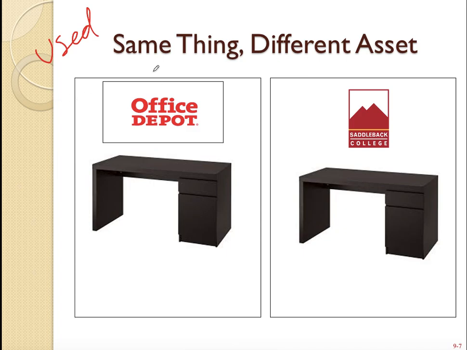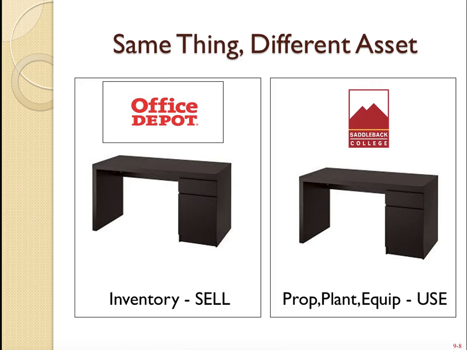So for example, if Office Depot has a desk and Saddleback College has that exact same desk, these are actually 2 different types of assets for each of those 2 companies. For Office Depot, their intention is to sell the desk. Therefore, it's going to be referred to as inventory.